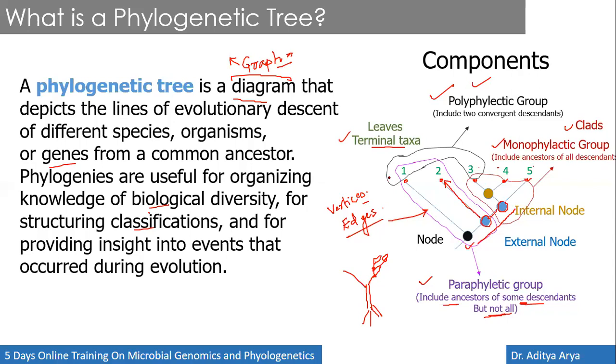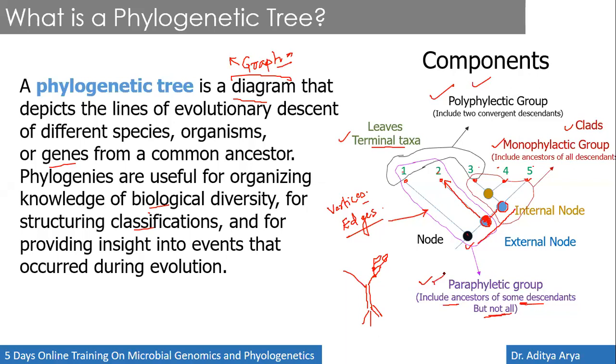So when you are choosing this group including 1 and 2, you are including descendant 2 of this ancestor, descendant 1 of this ancestor, but you are not including all the descendants of this ancestor. So when you are not including all the descendants, you are including a part of the phylogenetic tree. In that situation, that will be called a paraphyletic group.